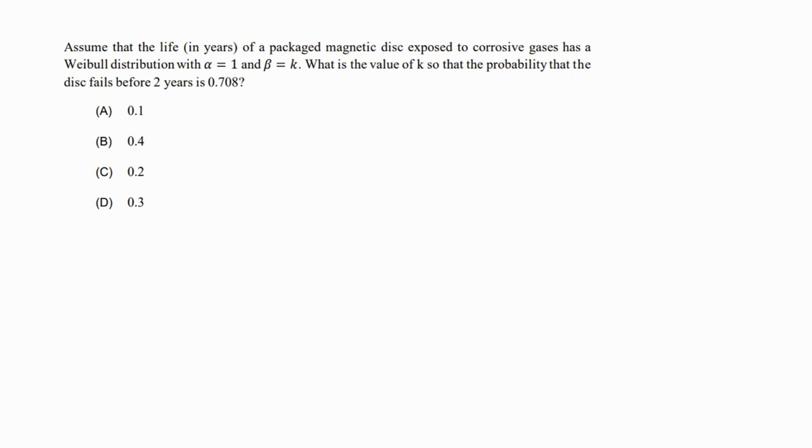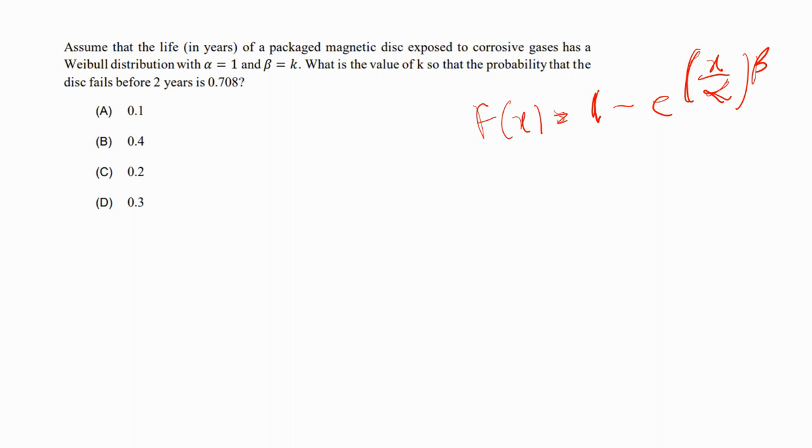Okay. So the next question we have here is of Weibull distribution. Maybe you remember Weibull distribution can be given by 1 minus e to the power minus x upon alpha to the power beta. Okay, its F of x can be given by this.